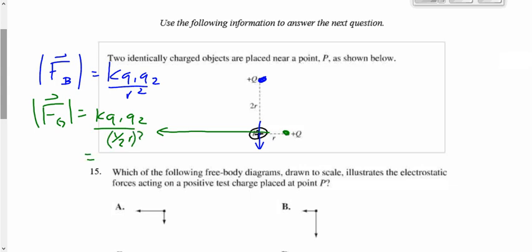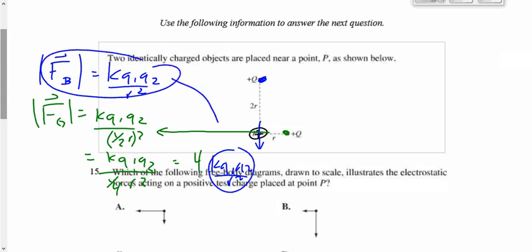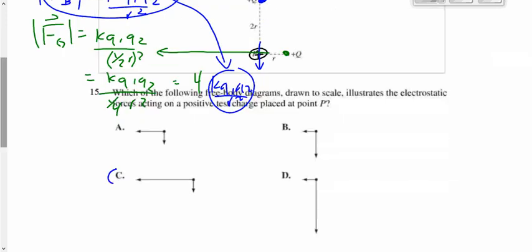Then it becomes K Q1 Q2 over 1/4 R squared, or if we multiply by the reciprocal, it becomes 4 times K Q1 Q2 over R squared, or 4 times FB. So the green one ends up being 4 times the blue one here, and that's why the answer is C as opposed to A.